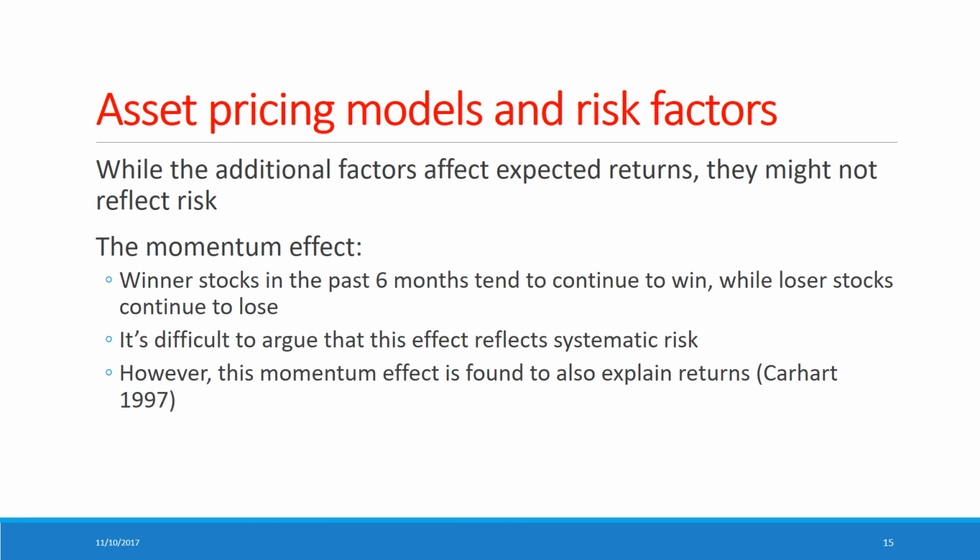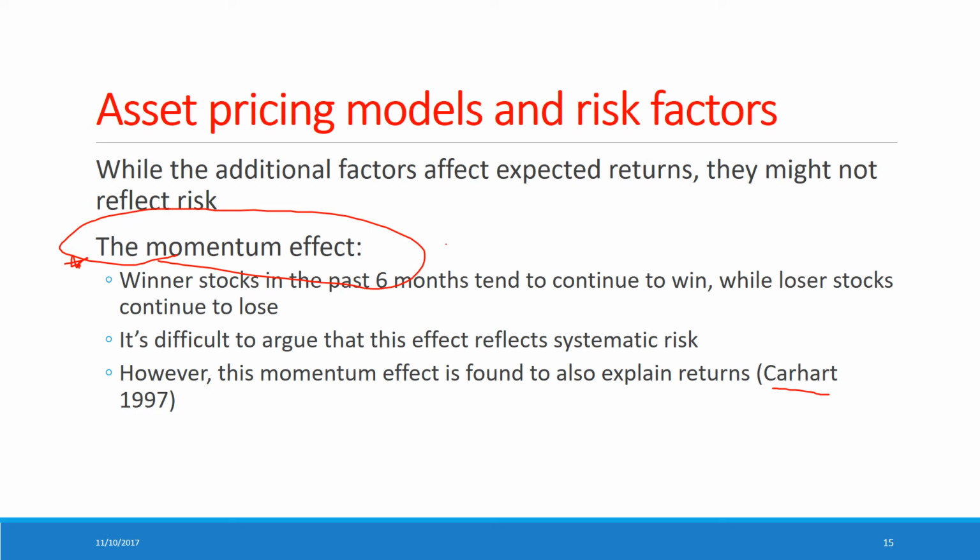For example, in 1997, Carhart shows that besides the three factors in the Fama and French model of 1993, another factor could also explain returns, which is the momentum factor. What we mean by the momentum factor is that he finds that the winner stocks in the past 6 months tend to continue to win, and the loser stocks in the past 6 months continue to lose, right?